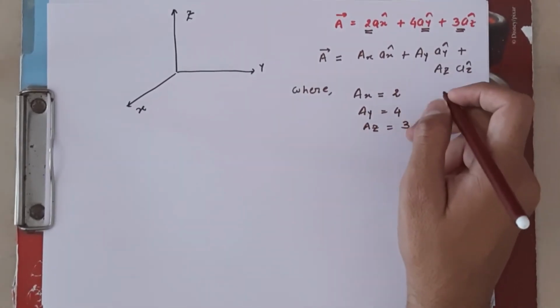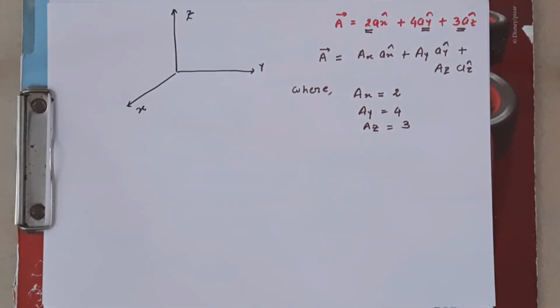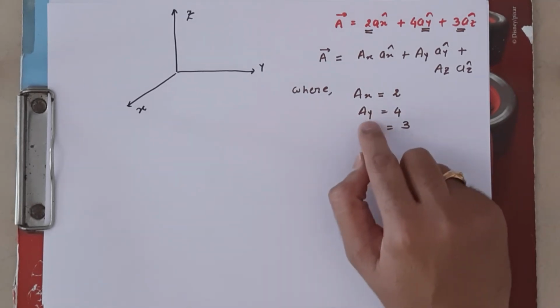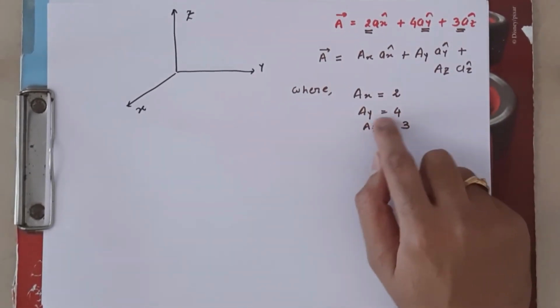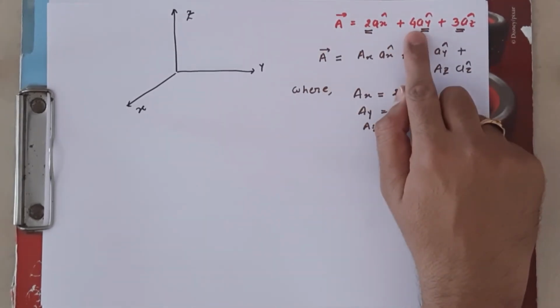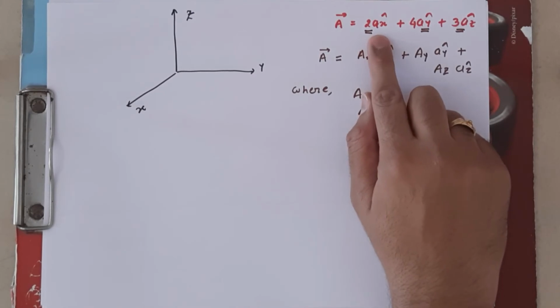So these are the weightage, or the values of this vector in the x, y and z directions. So the maximum part of the vector is in the y direction and the minimum part of the vector is in the x direction, you can say in this way.